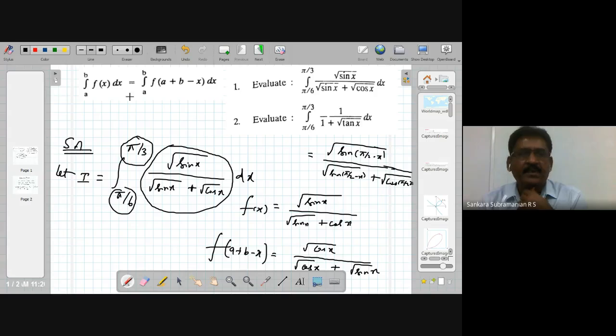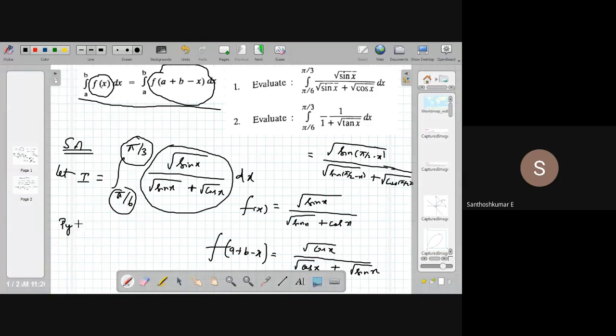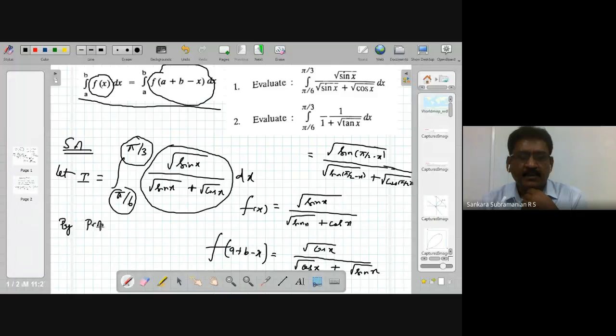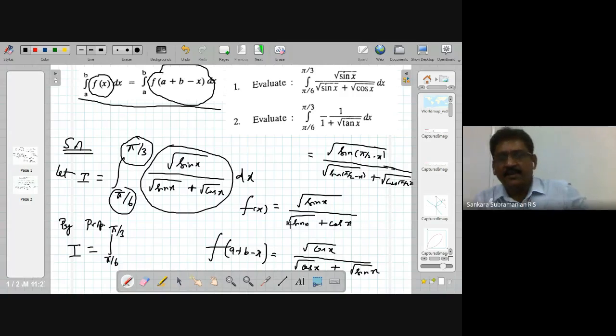So by this property, they are telling that they are equal. The integral is the same whether the integrand is f of x or f of a plus b minus x over the interval a to b. So therefore, by property, I is equal to the integral from pi by 6 to pi by 3 of f of a plus b minus x.